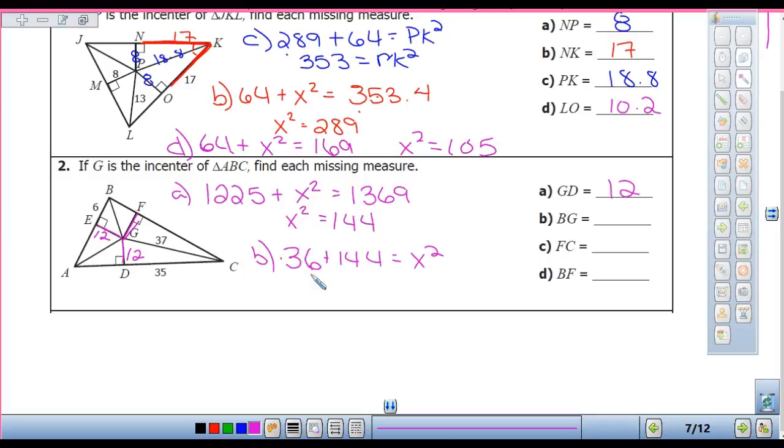That's excellent. That means that we're actually participating. This guy, this little triangle right here. Okay, so I add those together, I get 180 equals x squared. So BG is 13.4.